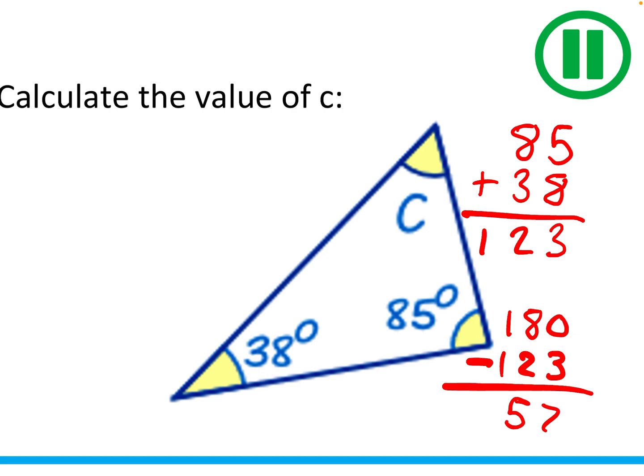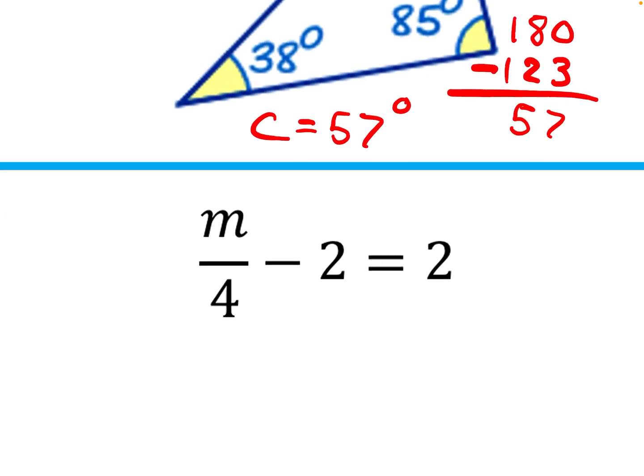And therefore C must equal 57 degrees. If I wanted to check that, if I did 85 plus 38 plus 57, my final answer is 180. So I know I've got this correct because all my angles add up to 180.